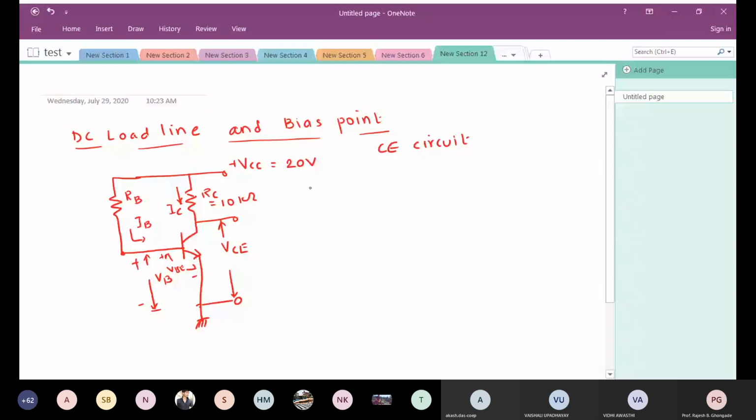How do I apply the equation on the output side? We have already done this. So VCE is equal to VCC minus IC into RC. This equation we have already used. Is that all right with you? Do you remember that? Yes, sir. Okay.